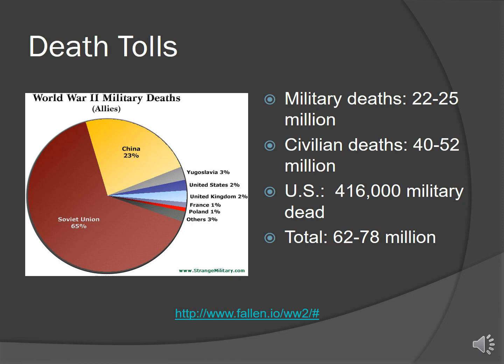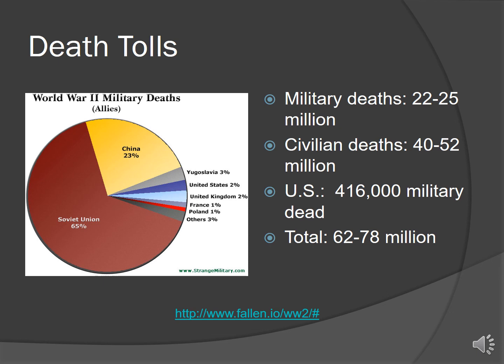So with August 15, 1945, VJ Day, World War II will be concluded, and you can see here the death tolls. Military deaths, 22 to 25 million people. Civilian deaths, 40 to 52 million.